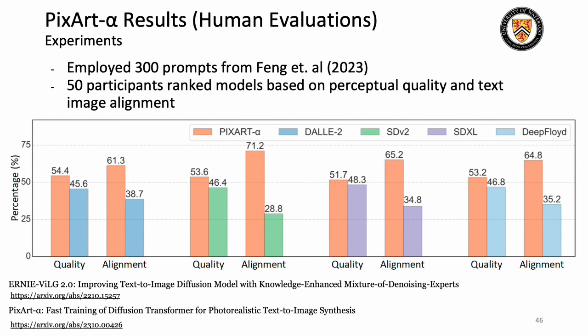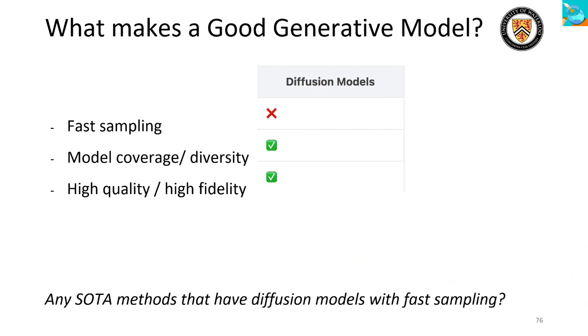For this, 50 participants ranked models based on perceptual quality and text-image alignment. As seen, the results show that PixArt Alpha outperforms other models in terms of both quality and alignment. Before moving to the last paper, we want to think about what makes a good generation model.